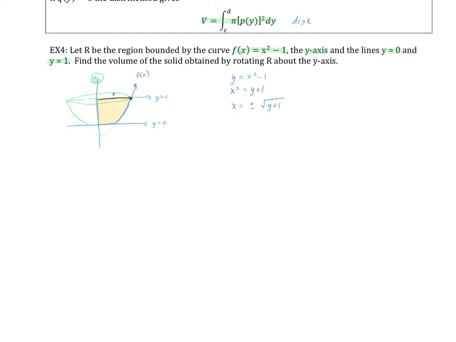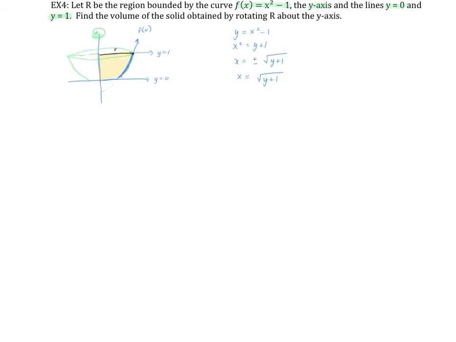Since I'm only concerned with positive x values, I'm choosing x to be equal to the square root of y plus 1. That is going to be my radius r.